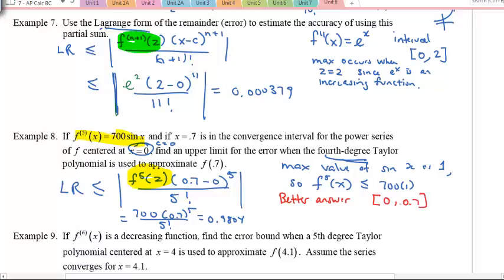And for the sine function, where in this interval will I get the largest value? Sine, between 0 and 0.7. Remember the graph? This is pi over 2, which is about 1.57. So between 0 and pi over 2, it's always increasing. So once again, the max would occur at the value of 0.7.